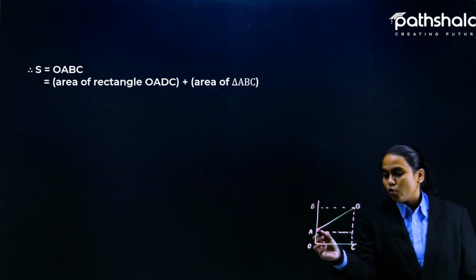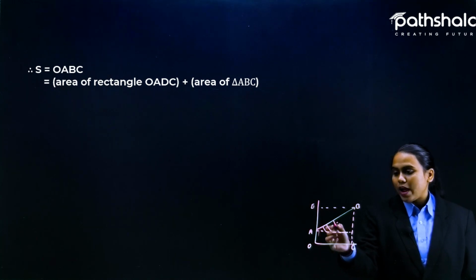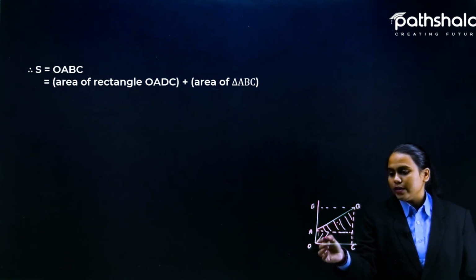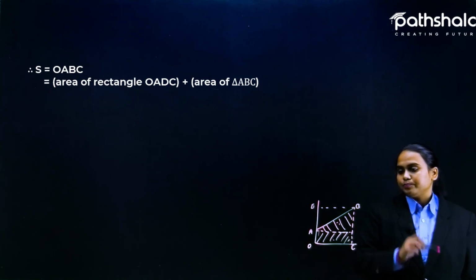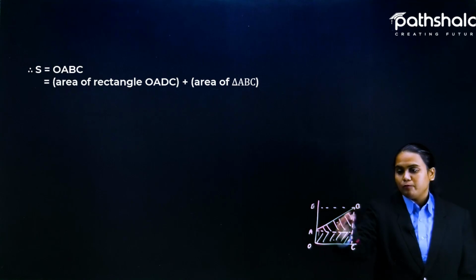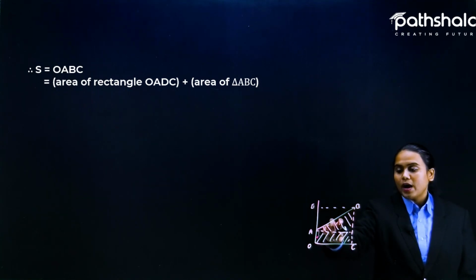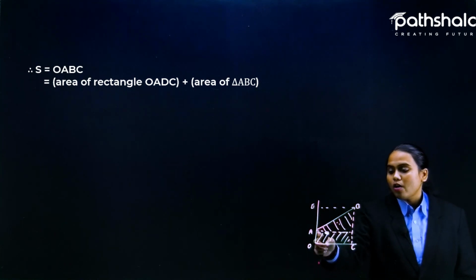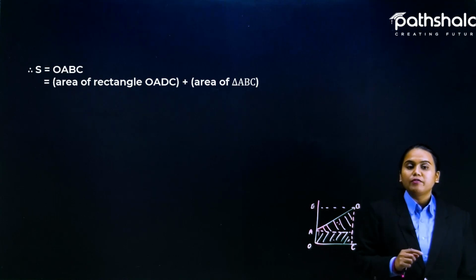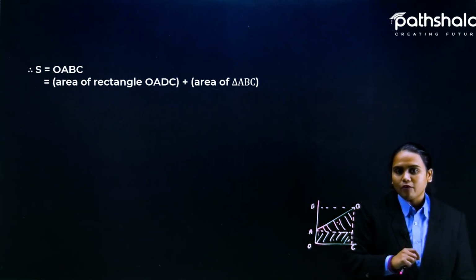So this area under the slope can be divided into two parts, one triangle and another rectangle. Of course, that makes it easier to calculate. If we divide it into two parts, we can easily calculate the area of the triangle and the area of the rectangle, and I think you are grown enough that you can calculate the area by yourself also.